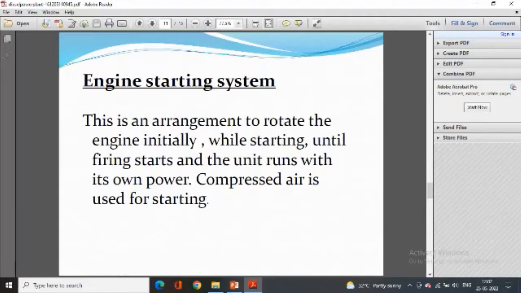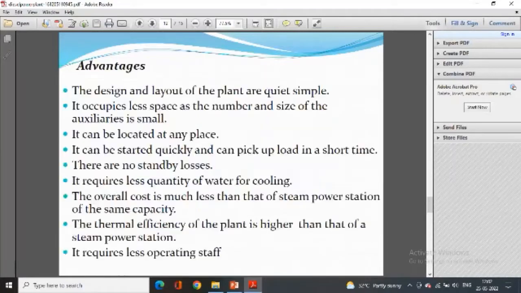That's why, for initially starting this diesel engine, we require the starting system. For this, we can use the compressor or compressed air for the starting purpose.